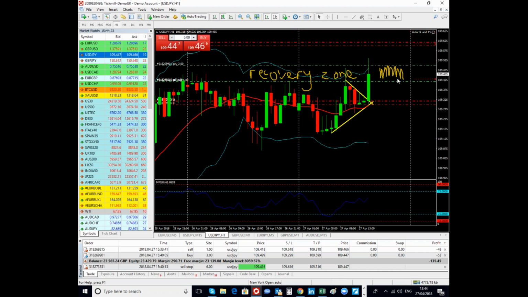Can I delete this now? No. You forgot the other arrows, man. You have some other arrows on there, like the profit zone. And then here as well, same thing, profit zone.